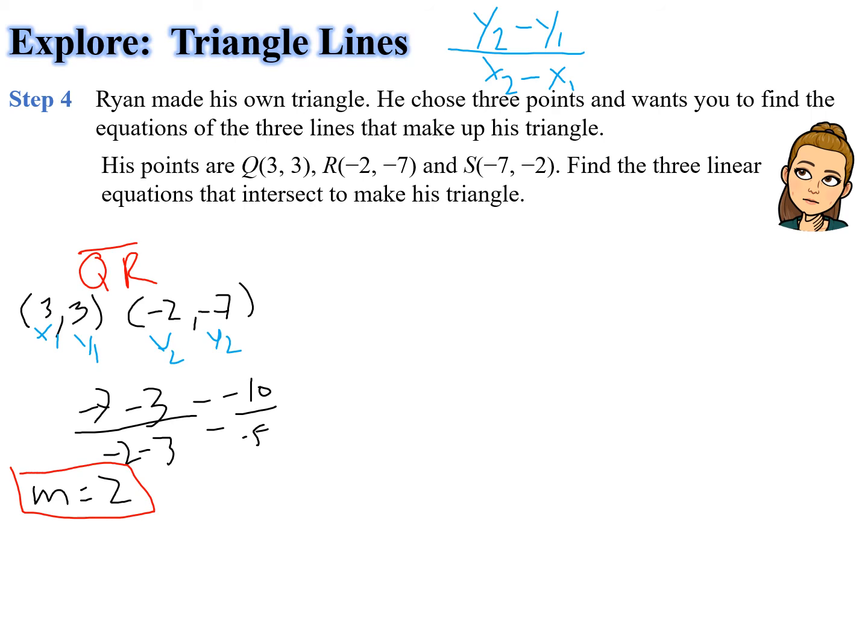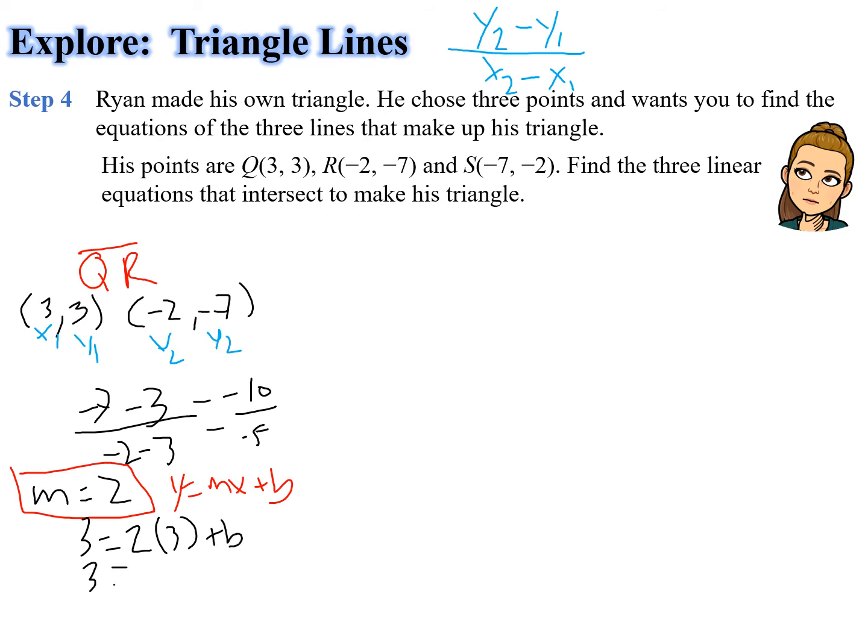Halfway there, now I need to find my y-intercept. To find my y-intercept, I'm going to take my slope and 1 point and plug it into that generic form of y equals mx plus b. And I could choose either point, Q or R, but I'm going to choose Q because it has positive values, and that way I can't get lost with my negative signs. So I have 3 equals my m value of 2 times my x value of 3 plus my unknown piece.